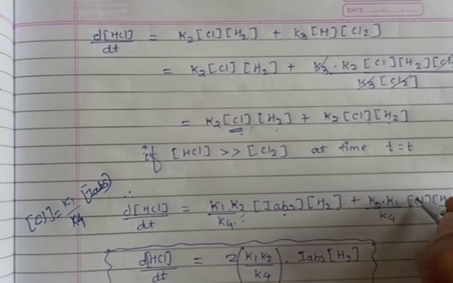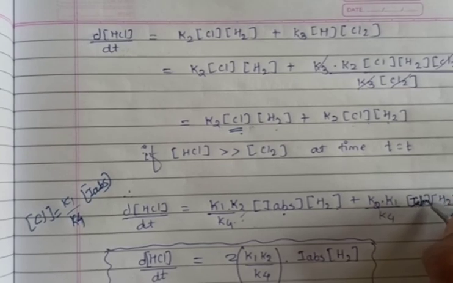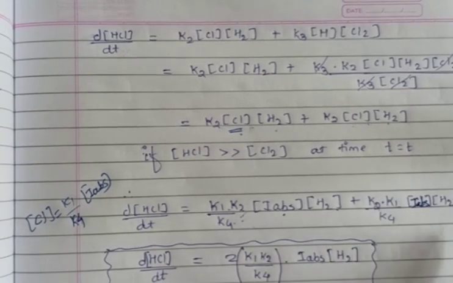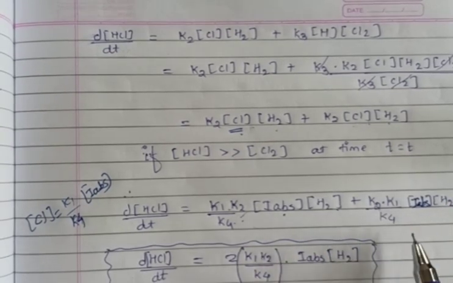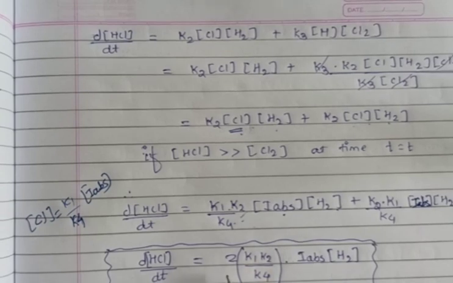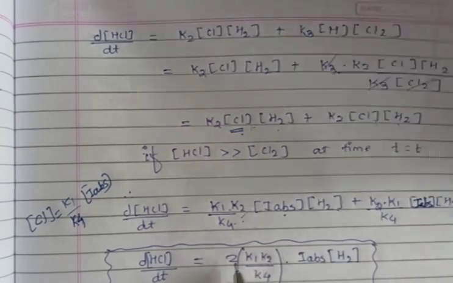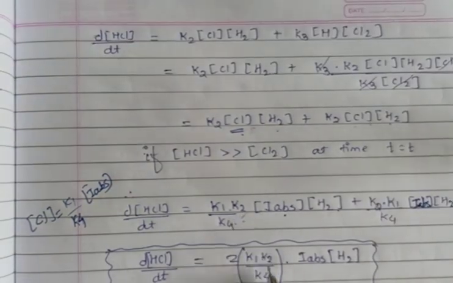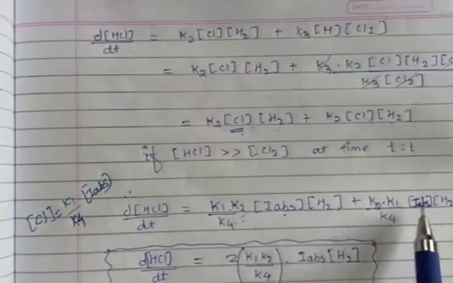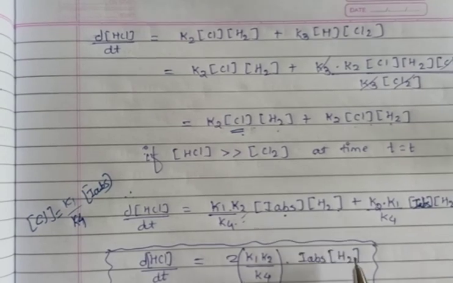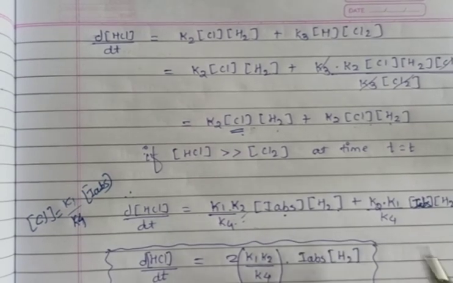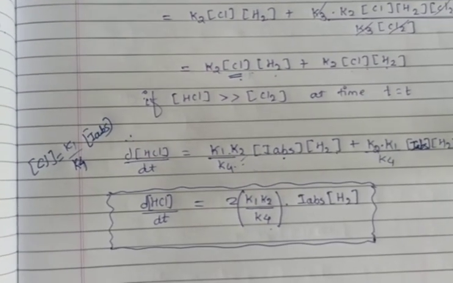Sorry, here I absorbed. So the two terms are equal. Therefore, just write the equation as 2 K1 K2 divided by K4 into concentration of I absorbed into concentration of H2. This is our final answer.